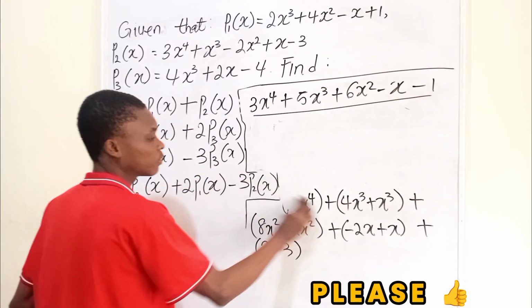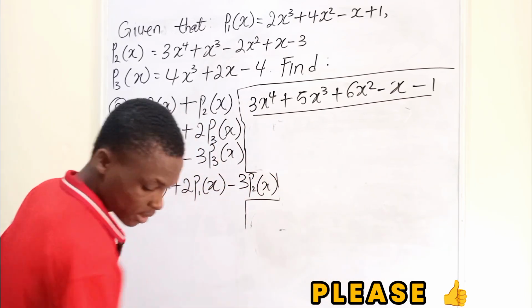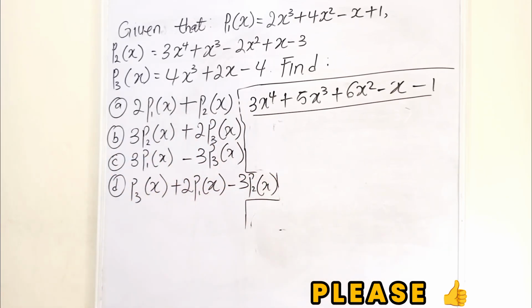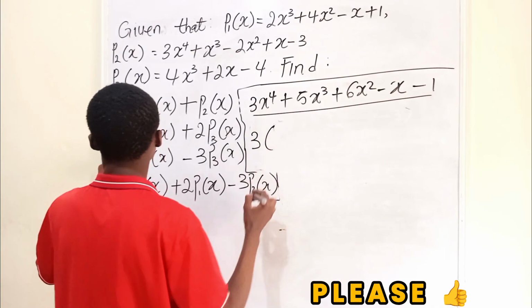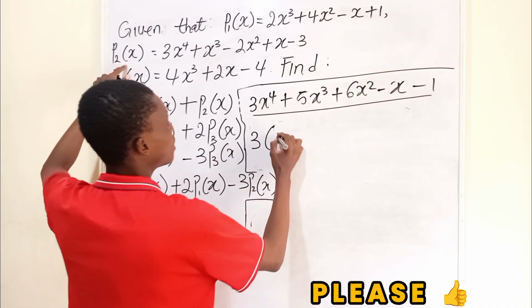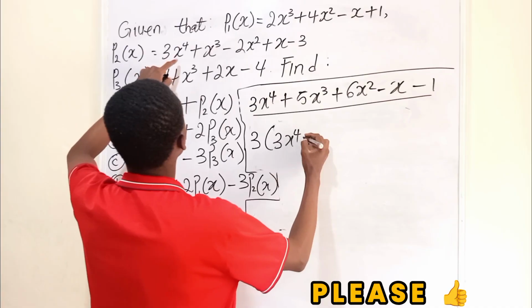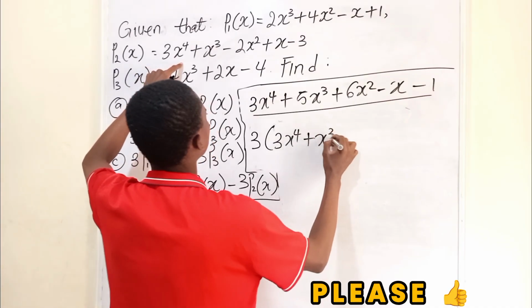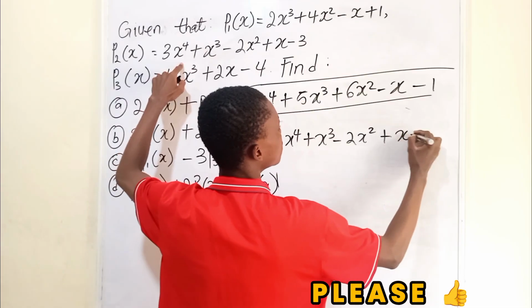So let's take the next one. All right, the next one is just the same thing. Put the 3 outside, open your bracket. Our p2 is 3x to the power 4 plus x to the power 3 minus 2x squared plus x minus 3.